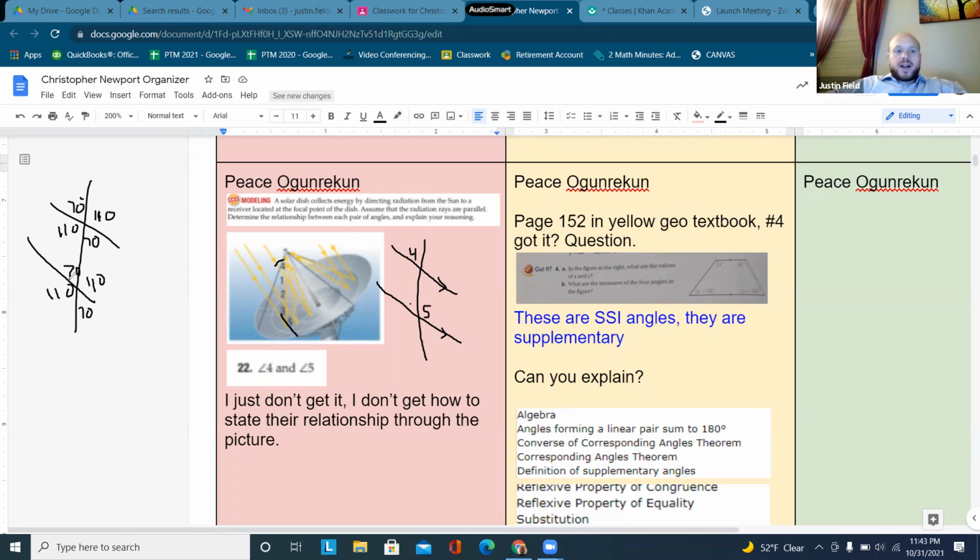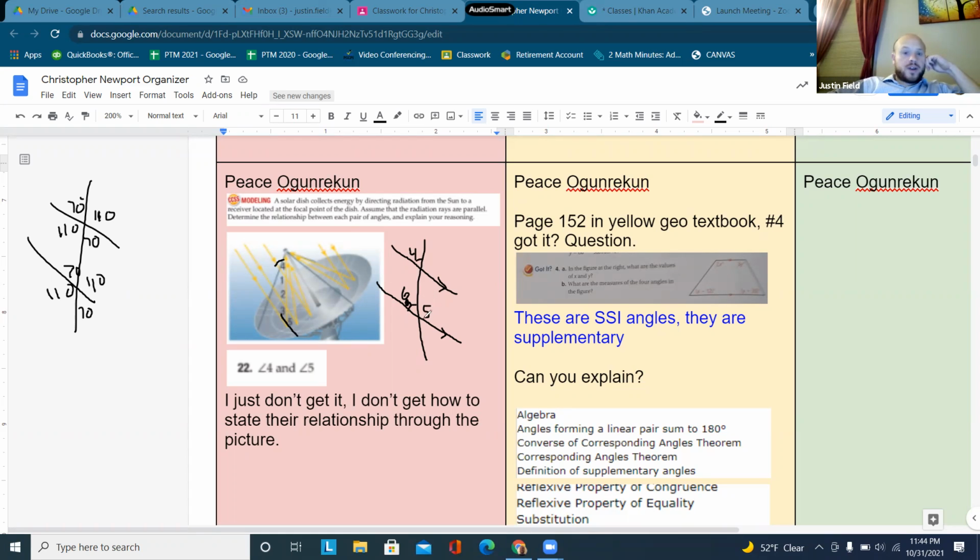So everybody in the class should be comfortable with that. And if you are, then you should recognize the relationship between 4 and 5. Because 4 and this angle right here are congruent. So I put a little arc there to mark the congruence. And so let's just call this angle 6. So now 4 and 6 are congruent, but what's the relationship between 6 and 5?